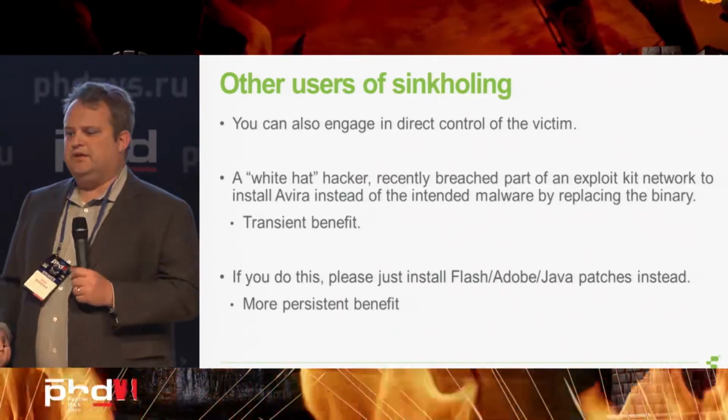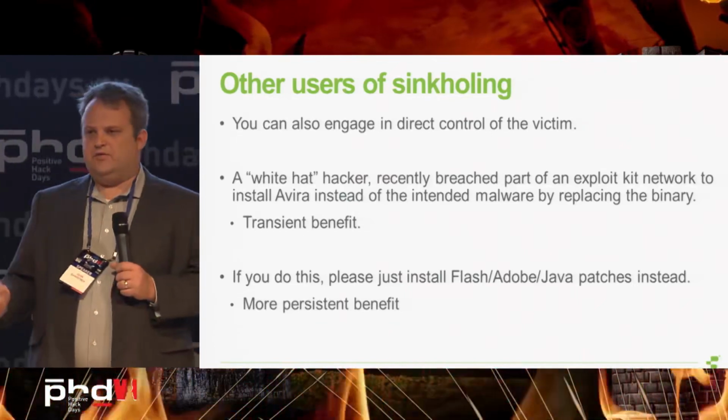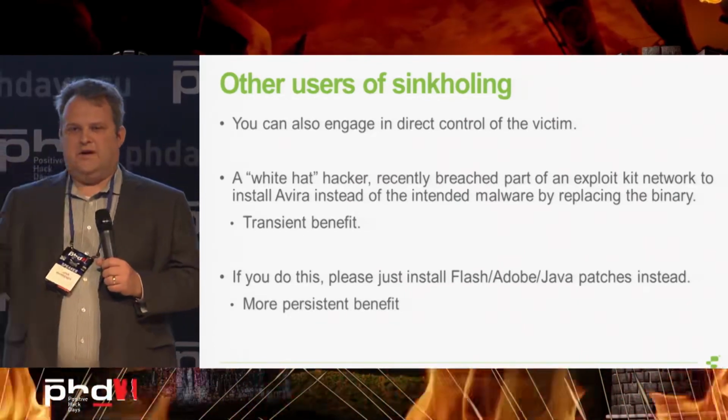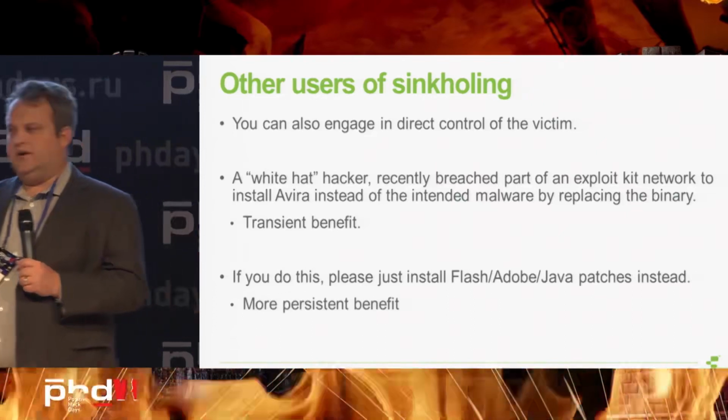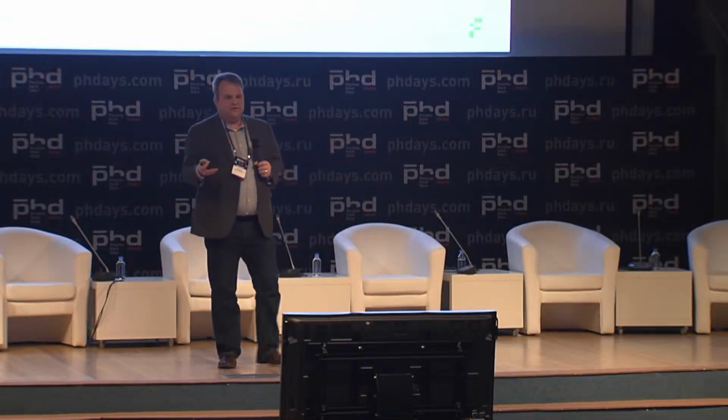I believe it was Avira that they used, so the victims go out and say, hey, give me my malware, and they get antivirus delivered in response. Transient impact, because the attacker catches on to that relatively quickly. But also, attackers generally make sure their malware is fully undetectable by AV anyway, so pushing things like Avira doesn't matter.